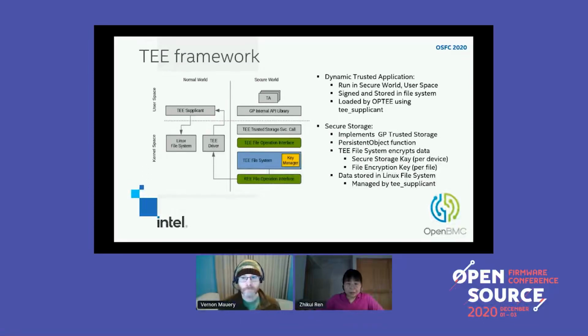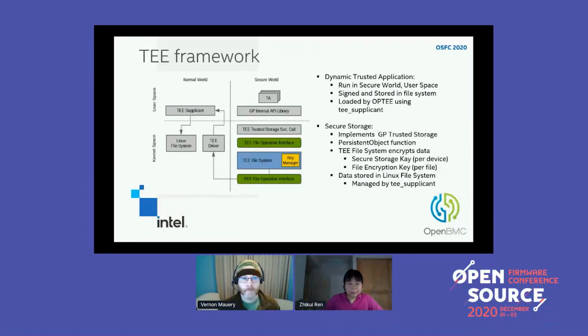It has its own protocols to encrypt the files, and they can only be decrypted and read with a trusted application in the secure world. There's no access from the rich execution environment, which is the normal world, another way to say it.